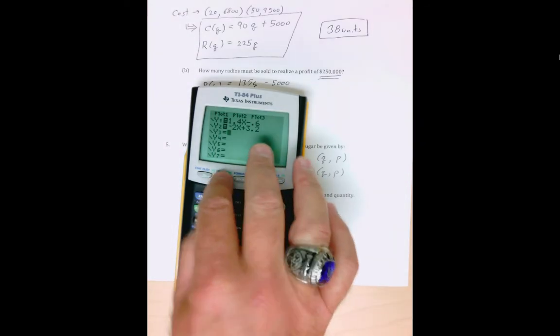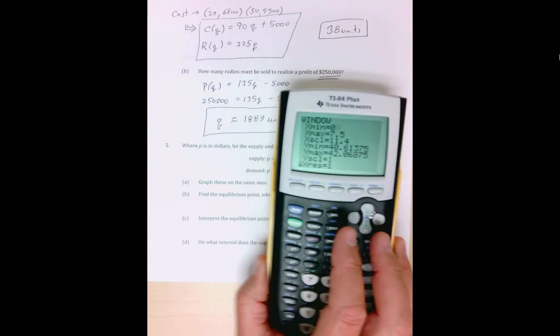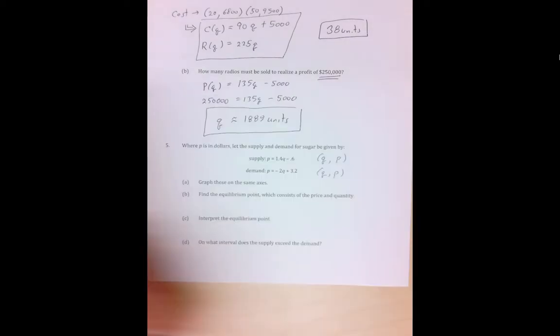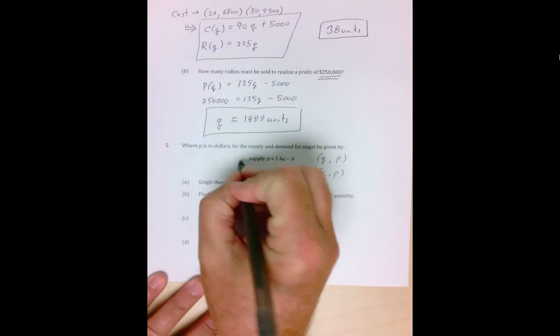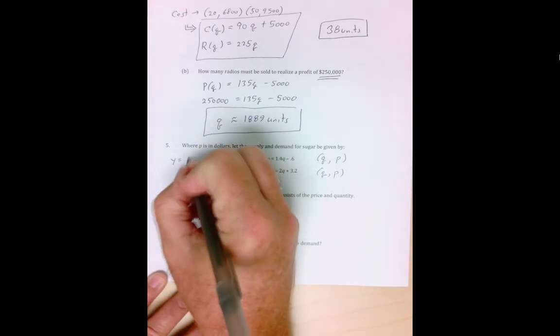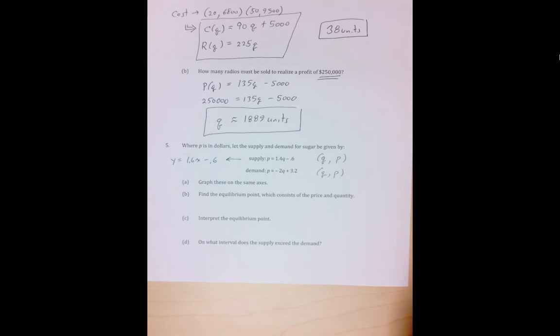Now, gang, I got to figure out how to set up my window. Well, if you think about it, X's in this case are quantities, and quantities can't be negative. So it makes sense that I would set my X min at 0. Now, in terms of where I set my X max, I'm going to just think of this as Y equals, and just try to get an indication of how the x's and y's behave here.